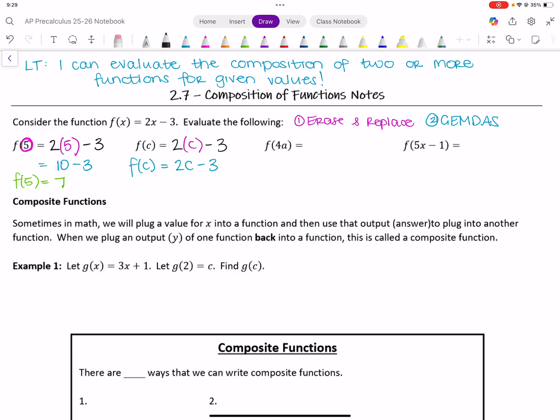So then if we're asked to do f of 4a, then we're going to erase x and replace it with 4a. So 2 times 4a minus 3. And then we're going to multiply first. So we get 8a minus 3, and those are not like terms, so that is our final answer.